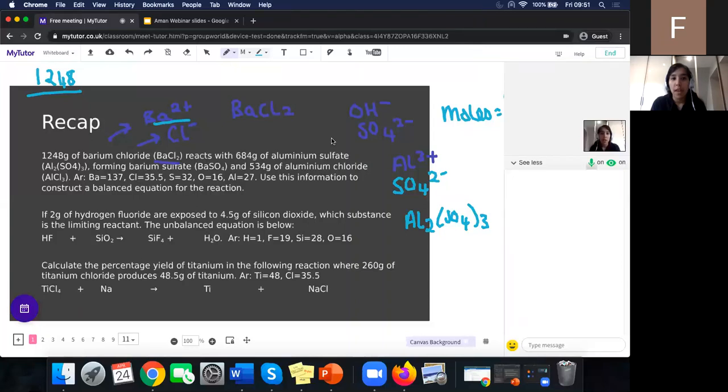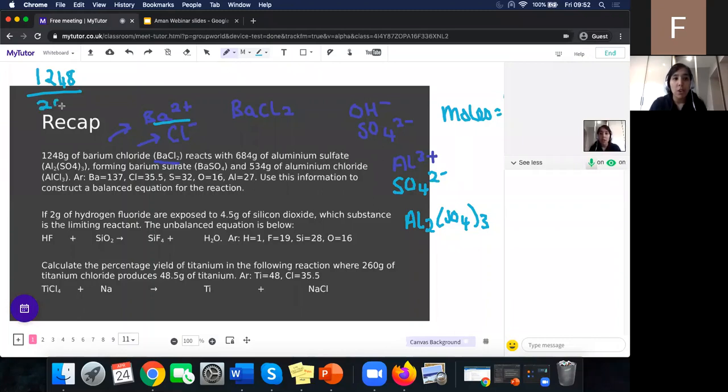So we've been given the ARs, so Ba is 137, chlorine is 35.5. So what's the MR of barium chloride? Okay, great. So people are saying 137 plus 71, which is equal to 208. Excellent, well done. So it's 208.